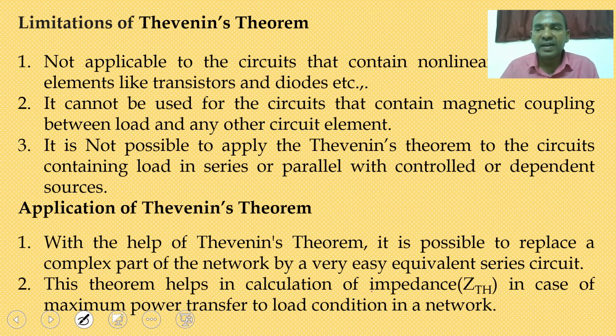There is also no provision for calculating Thevenin's equivalent circuit when the load contains series or parallel controlled or dependent sources. For such types of networks, you cannot apply Thevenin's theorem. So these are the limitations.